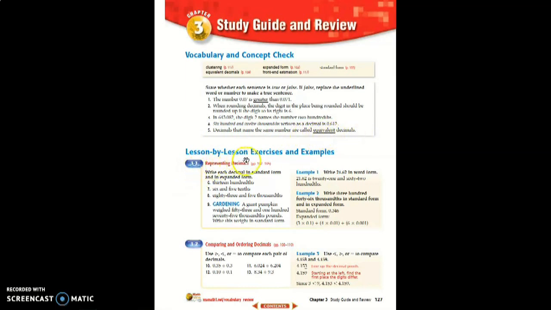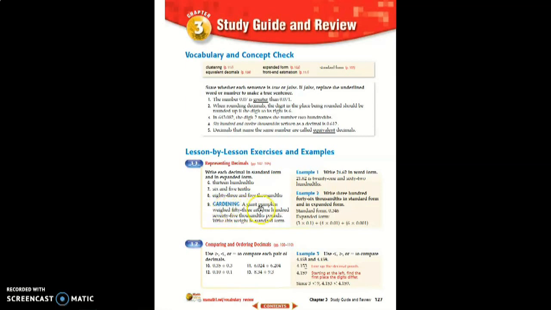Lesson review. Lesson, exercises, and examples. 3-1. Representing decimals. Write each decimal in standard form and in expanded form. 9.